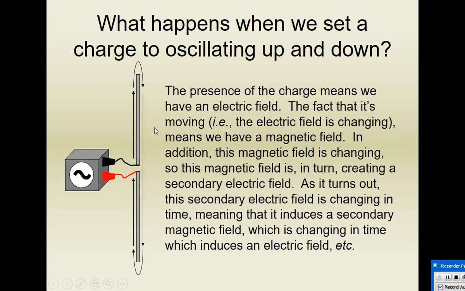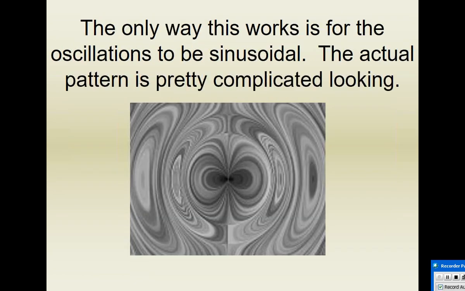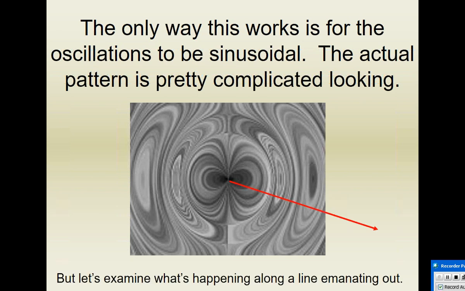If I were to examine the electric and magnetic fields around this oscillating charge, I would get a very complicated looking figure. And the math behind it is ridiculously challenging. Obviously, we're not going to explore it, but what I want to do is explore how the electric and magnetic fields change along a line.